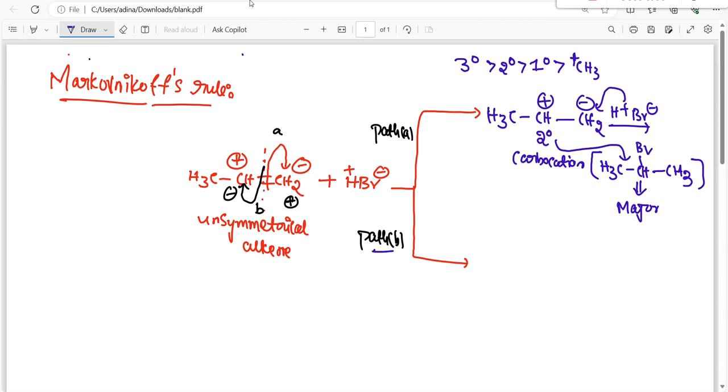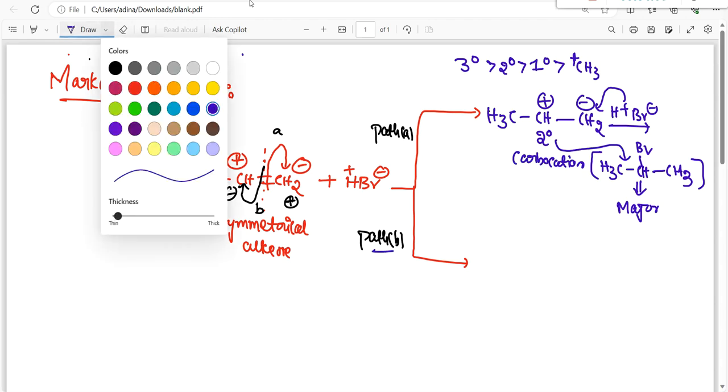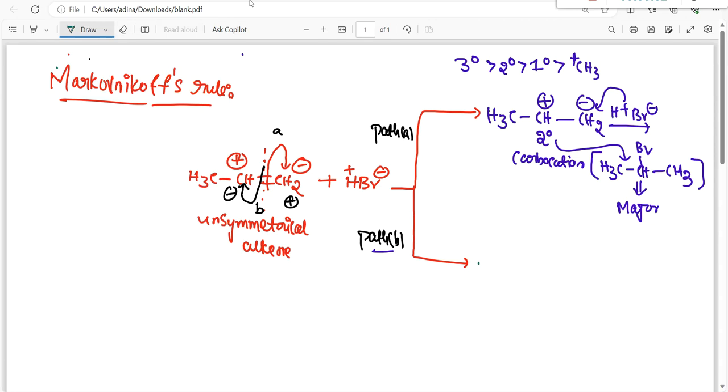Now let us understand path B. In the path B mechanism, the product will be CH3-CH(-)-CH2(+). Here we observe that this carbocation is a primary carbocation.